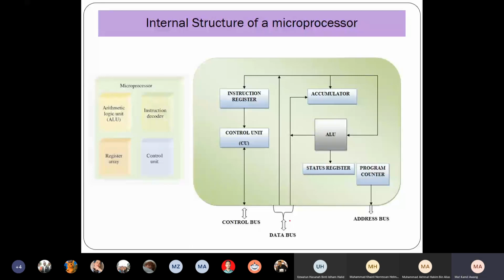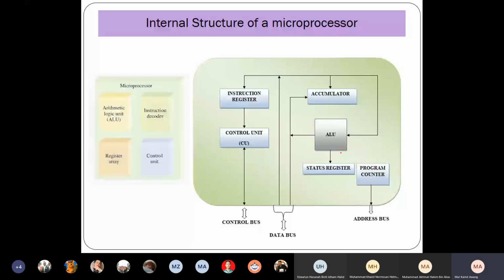So you take data to the accumulator for you to do the arithmetic logic. This is the instruction register and control unit. So these are the internal structure of a microprocessor. I'm not going to go into detail because this is not your core subject. So at least you understand the components or the internal structure of a microprocessor.